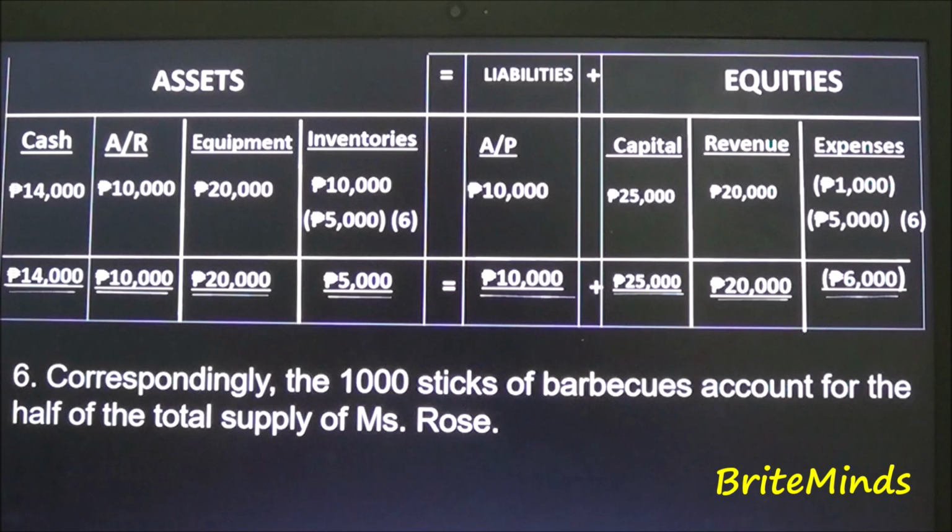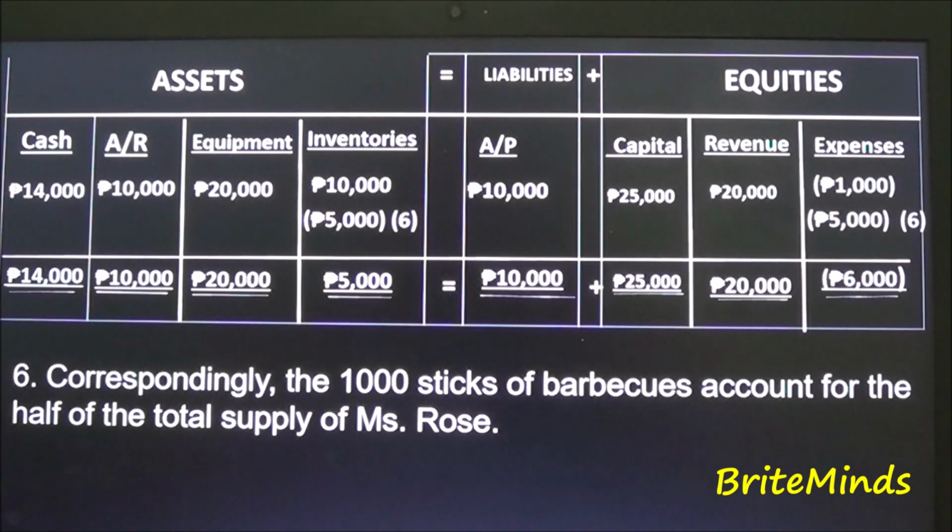So if we total 14,000 plus 10,000 plus 20,000 plus 5,000, the total assets is 49,000. And then the other side: 10,000 liabilities plus 25,000 of capital plus 20,000 of revenue equals 55,000.